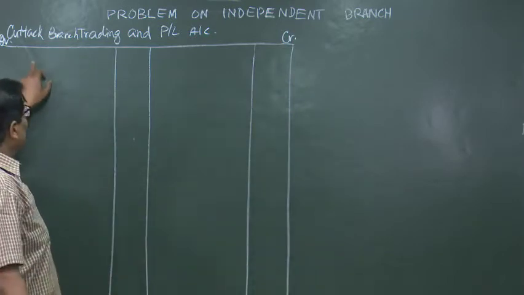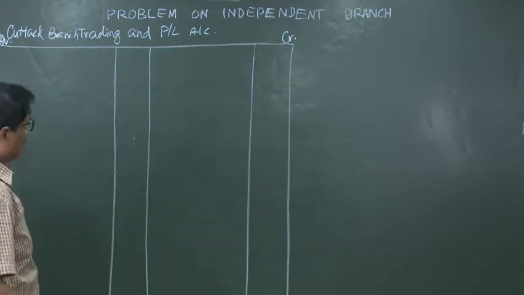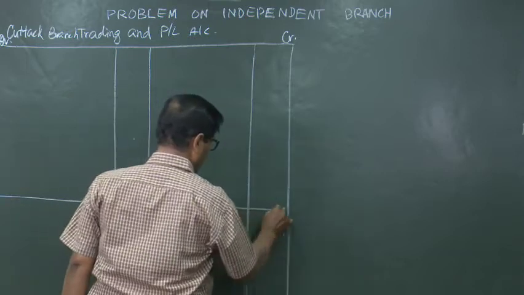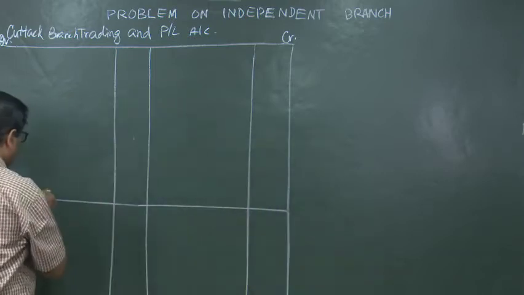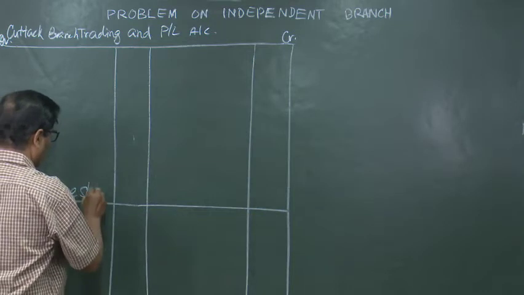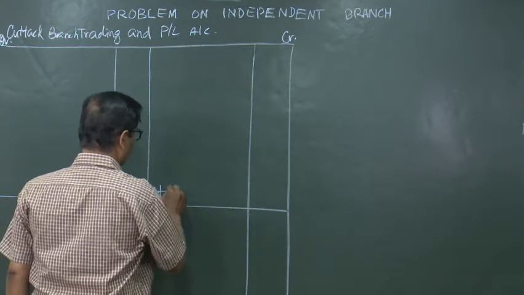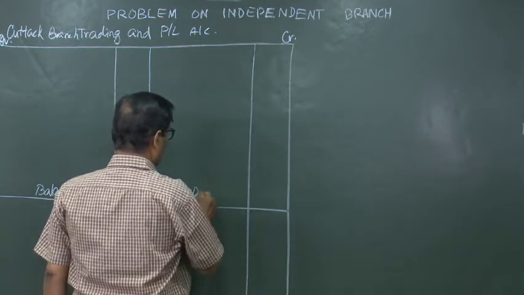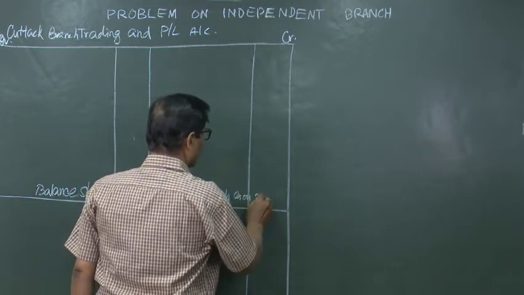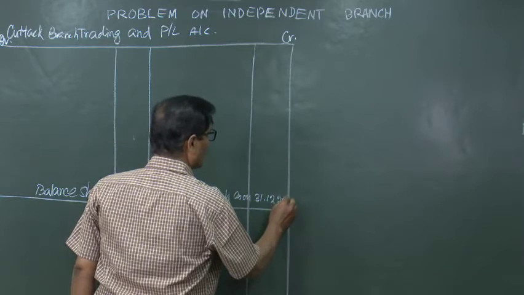Let us write the balance sheet of Cuttack branch as on 31st December 2015.